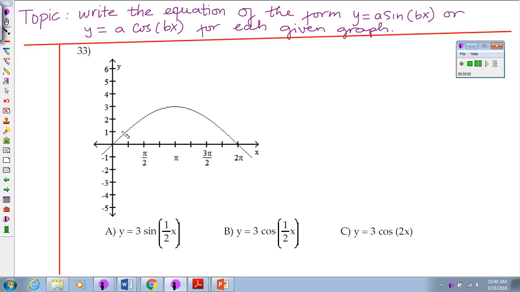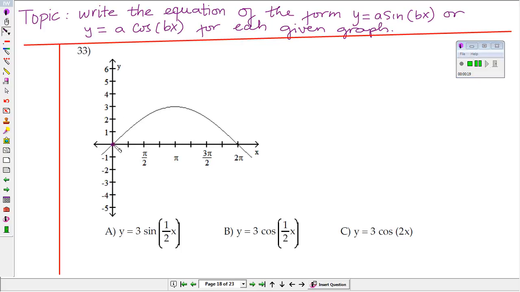You can see right here that there are three y values: y equals 0, y equals 3, and y equals 0. For this kind of graph, the complete pattern for sine or cosine must have five y values.